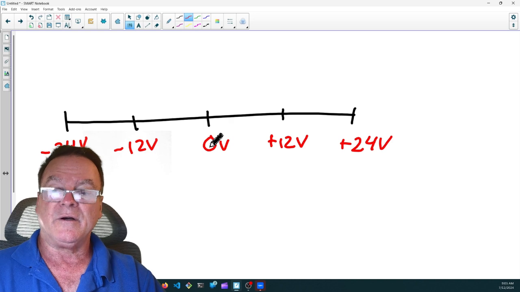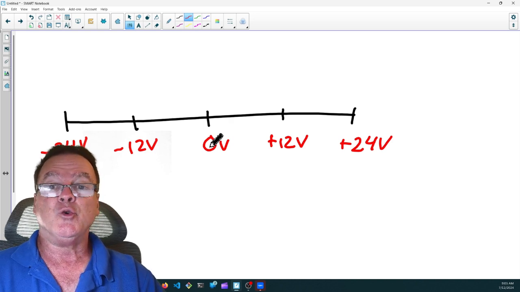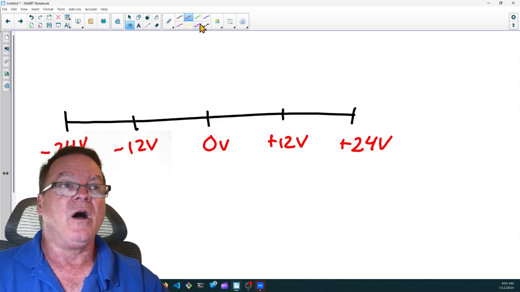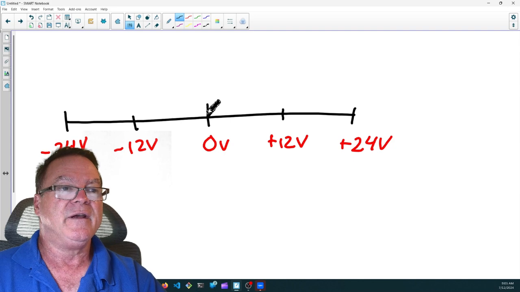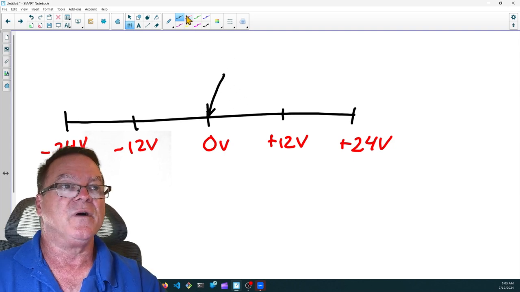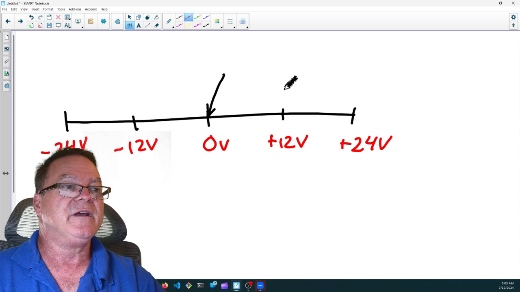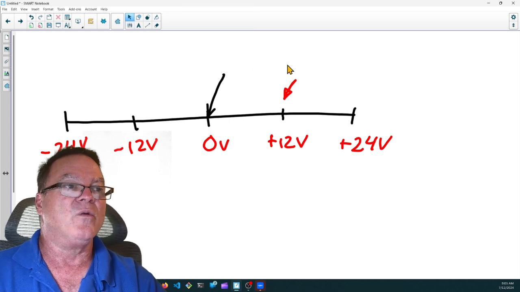Basically, to use a voltmeter, you have to have two leads. And with the voltmeter, you'd put one lead, the black lead, here on the 0, and then you take the red lead, and I'm going to try to draw an arrow like that, so maybe I can grab a hold of it and move it.